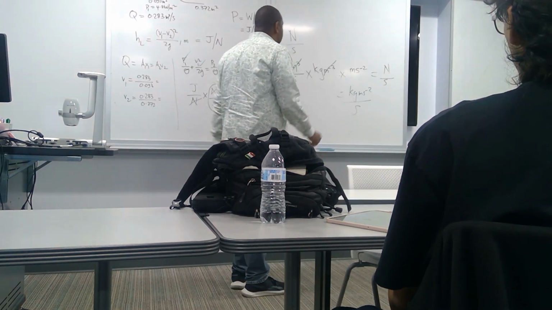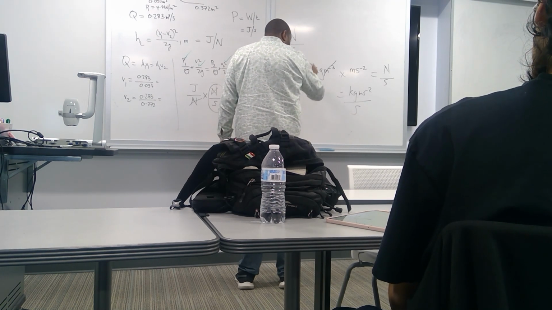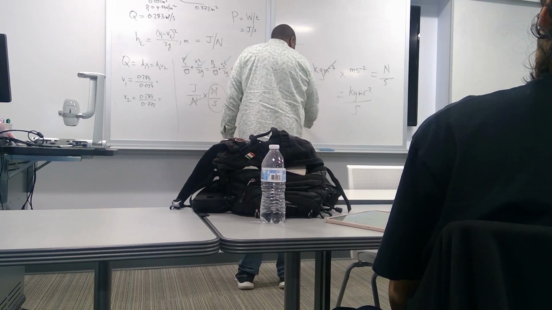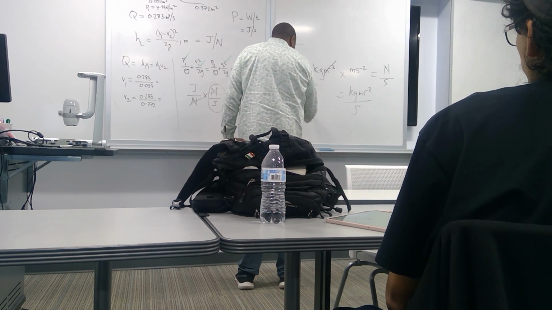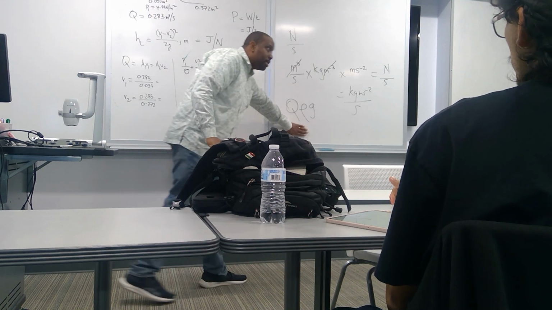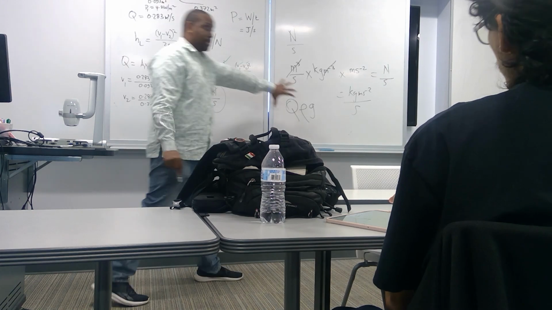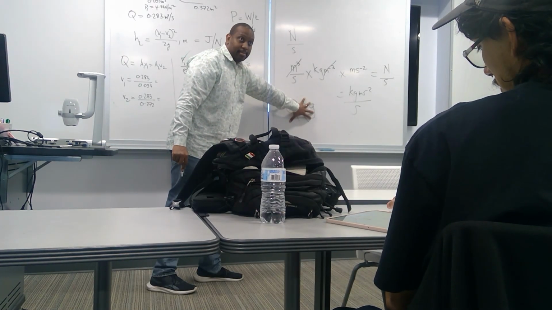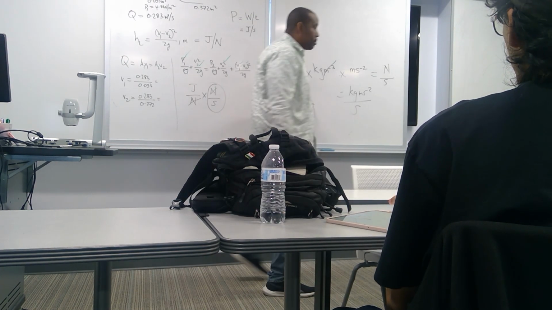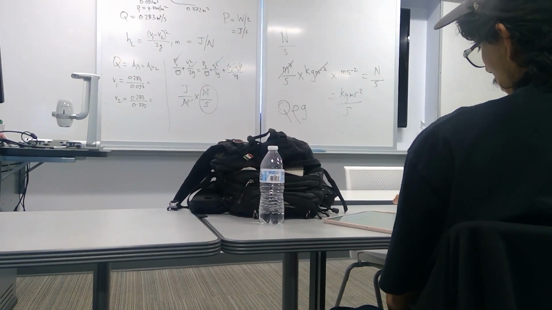So basically, this was Q, this is density, this is g. I need to multiply this by this to give me power. Make sense?